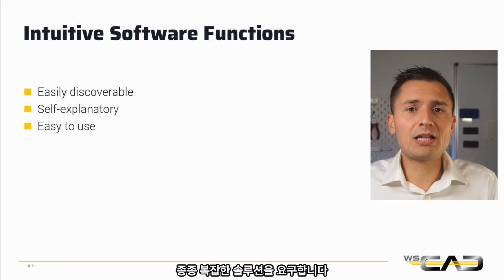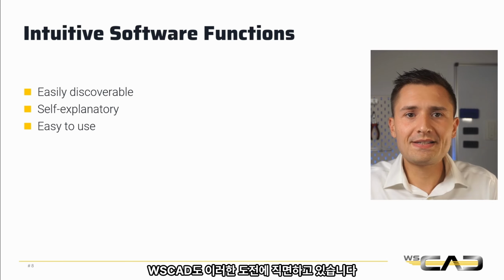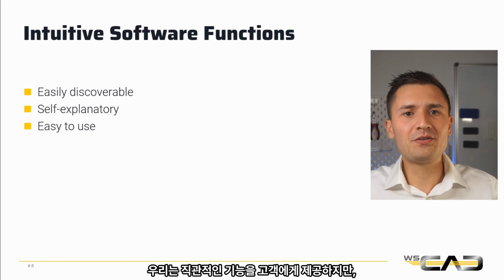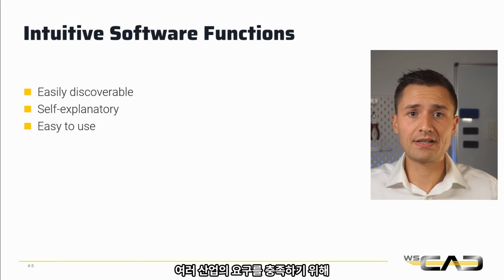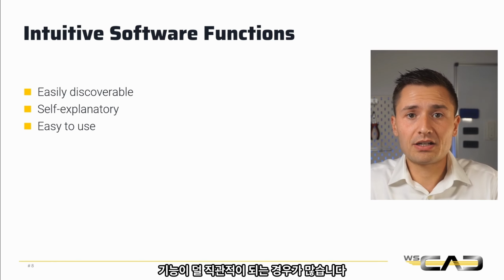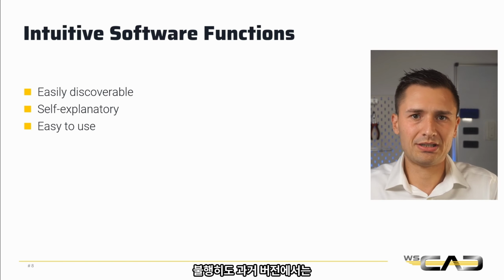At WSCAD, we also face this challenge, of course. We often design an intuitive feature only to then have to add even more buttons and even more options to meet the requirements of multiple industries, making the feature less intuitive, unfortunately.